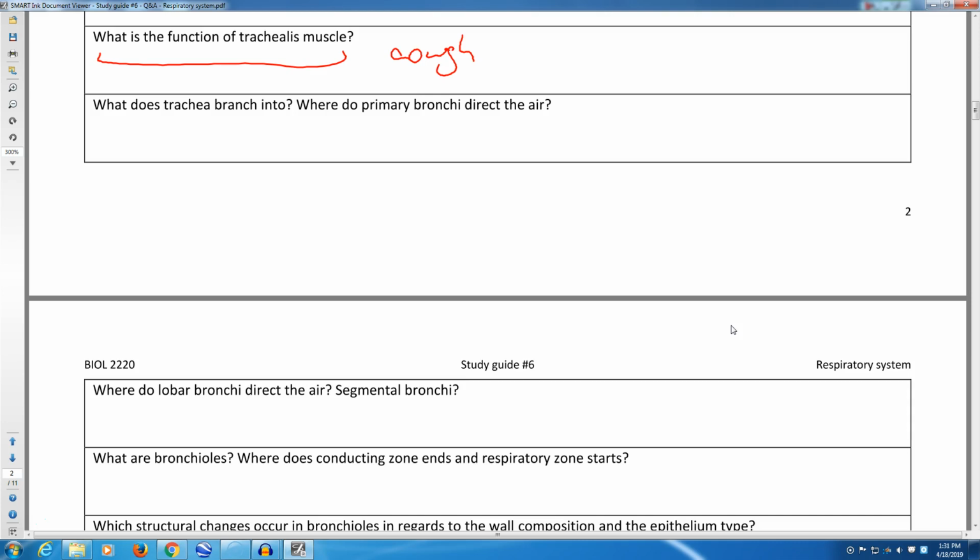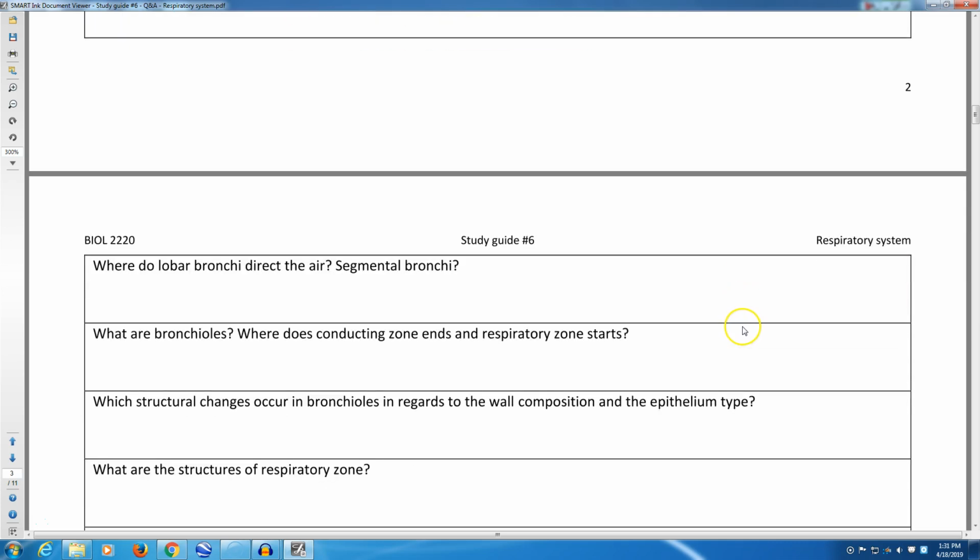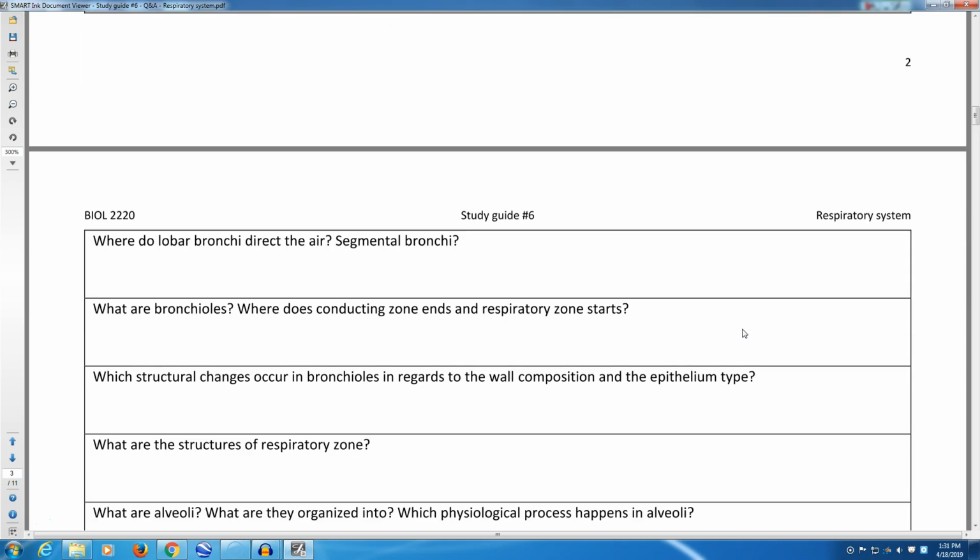So trachea, you know the branching. The trachea branches into the primary bronchi, which direct the air into the lungs. Primary bronchi branch into the lobar bronchi, which direct the air into the pulmonary lobes. Segmental bronchi direct the air into the bronchopulmonary segments.